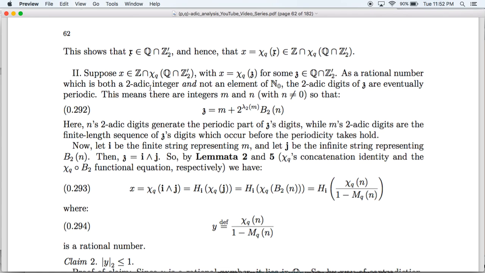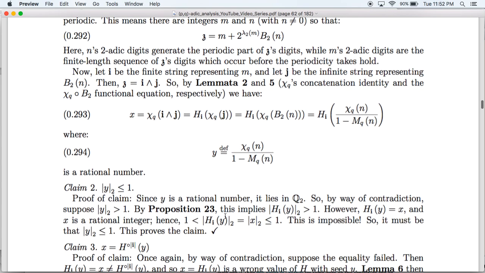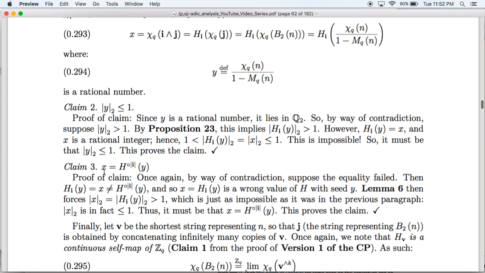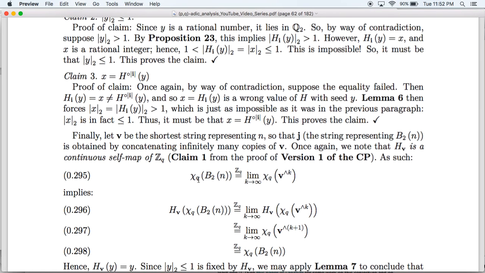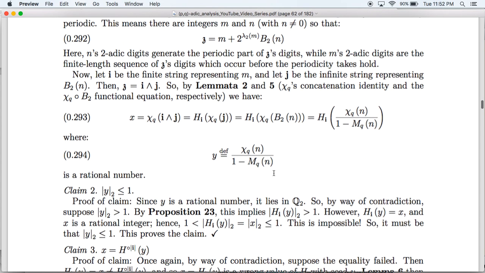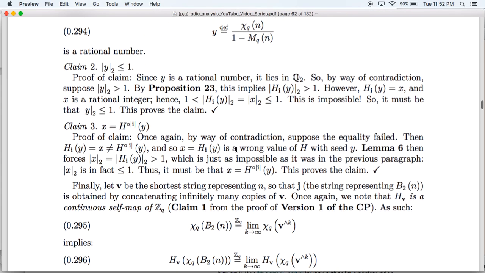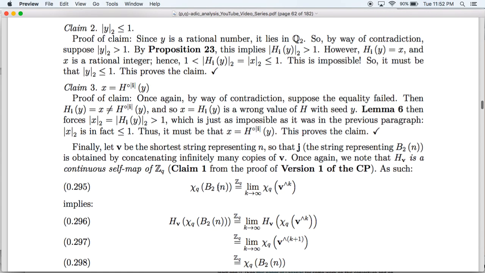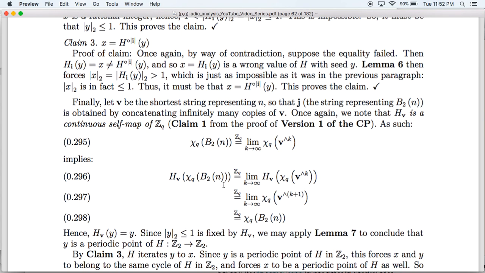We then wrote x like this. We got this rational number y. We showed that x is in the forward orbit of y, and then we showed that y, which is equal to chi-q of b2 of n by our functional equation, is fixed by h.